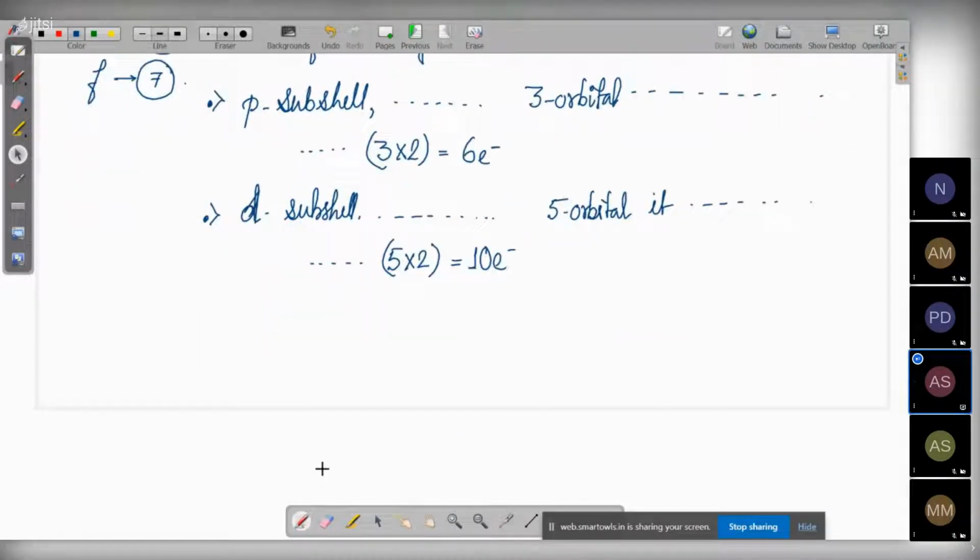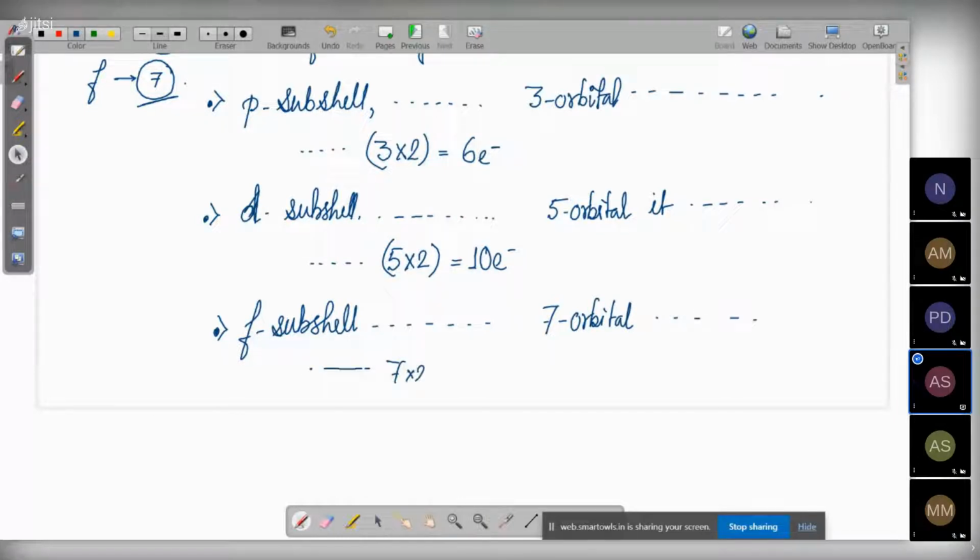What about the f? Total 7 orbitals in the f subshell, so it can have a maximum of 7 into 2, that is equal to 14 electrons.